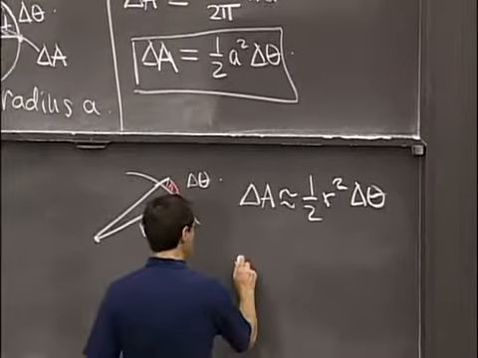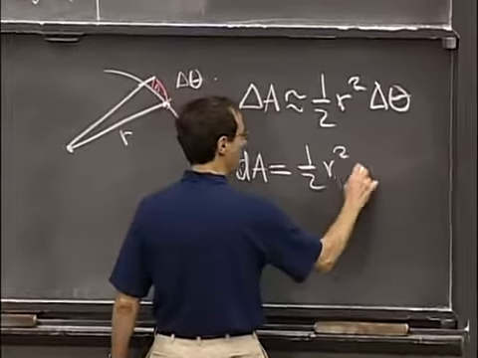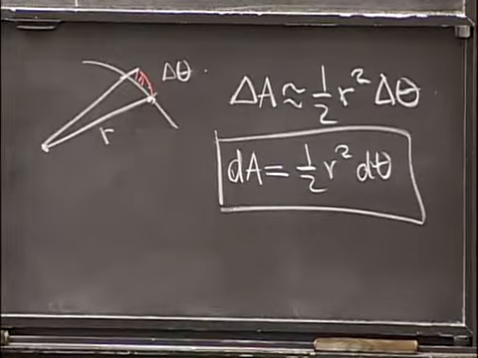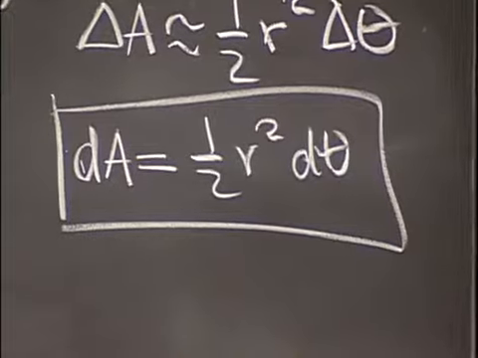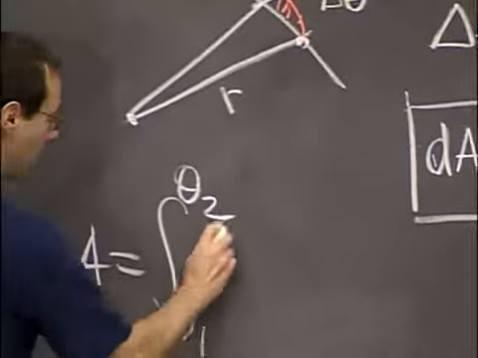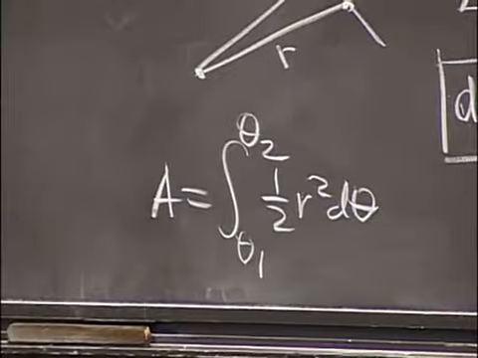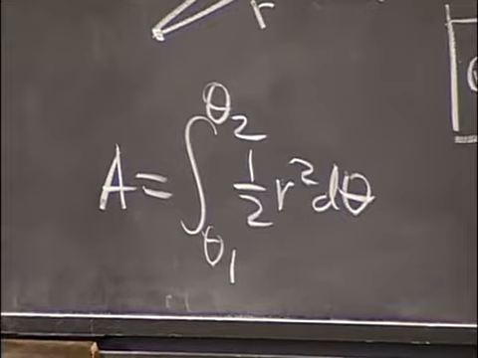And then in the limit, we have the exact formula for the differential, which is this one. So this is the main formula for area. And if you like, the total area is going to be the integral from some starting place to some end place of 1/2 r squared d theta. Now this is only useful in the situation that we're in.